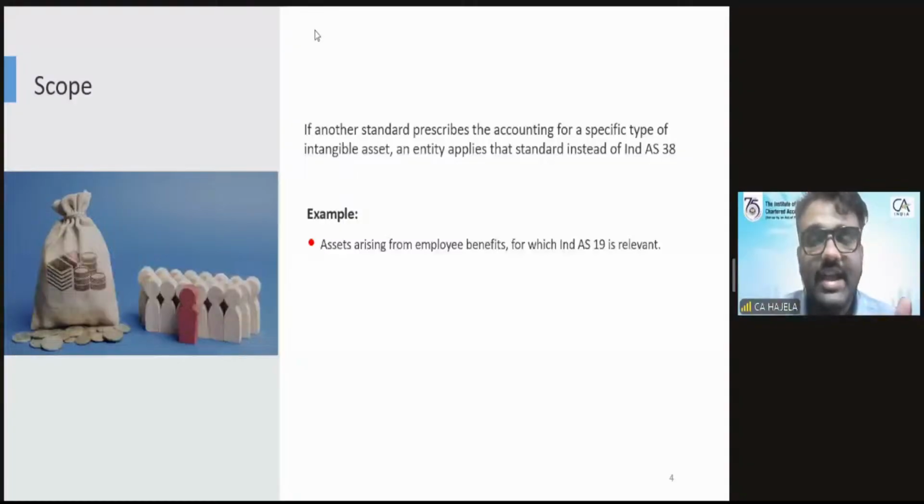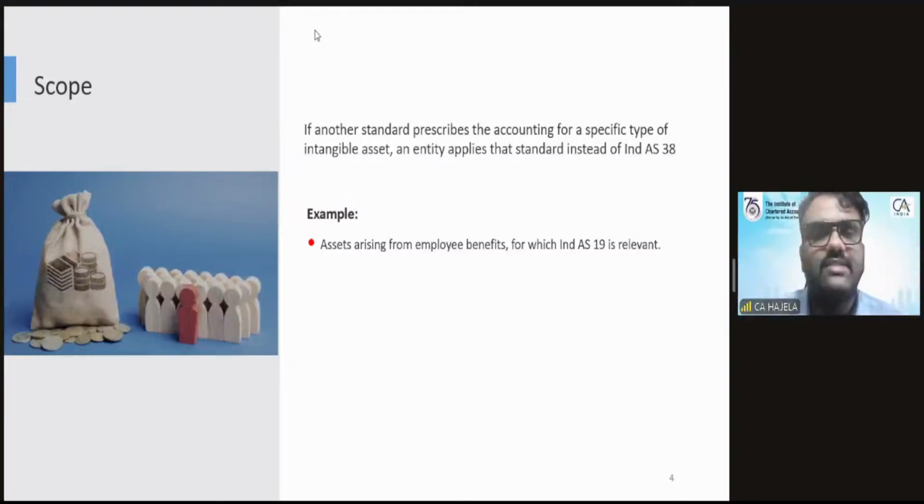What is an asset? An asset is an item which is of some value to the company, and you are expected to derive benefits out of that item in upcoming years. That it will help you in your economic activities.